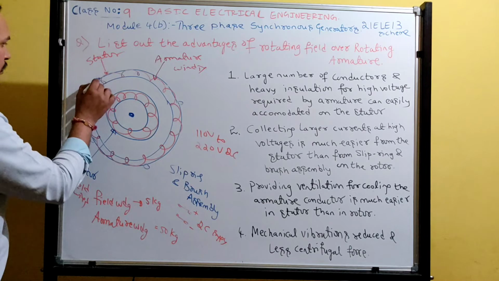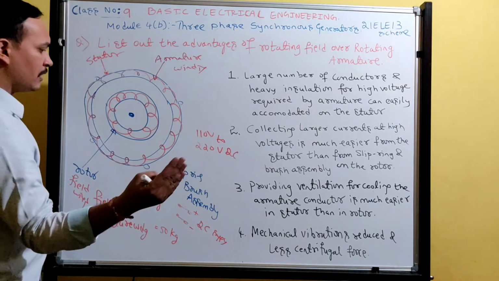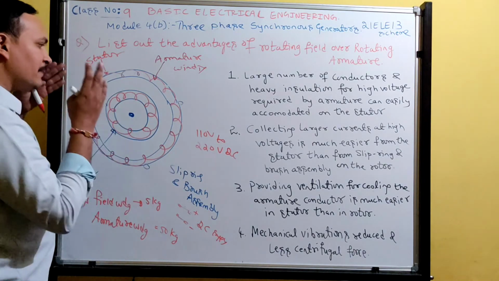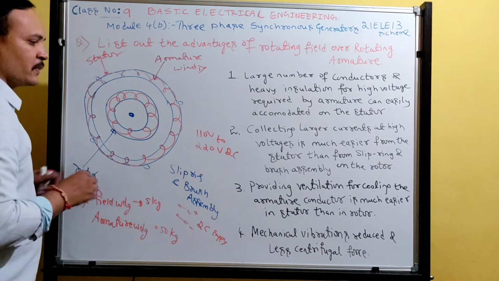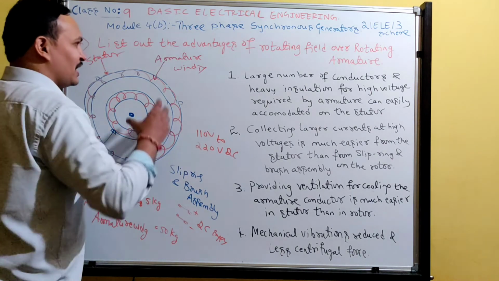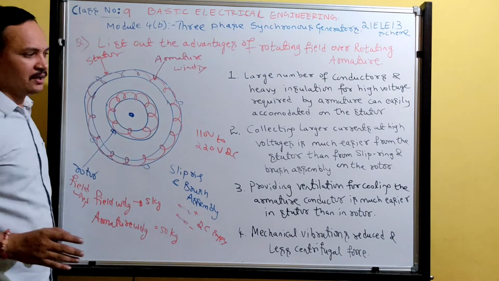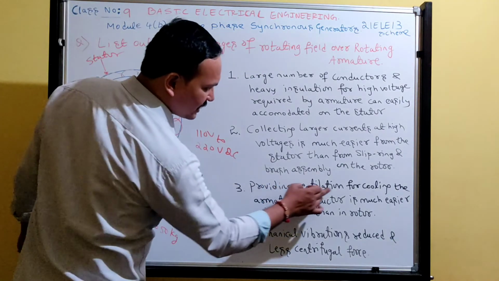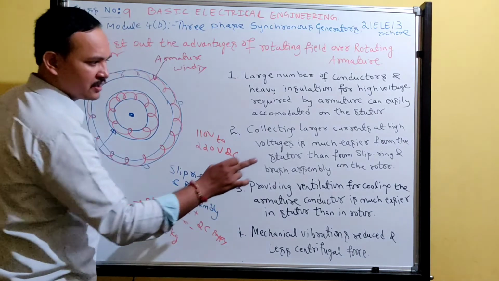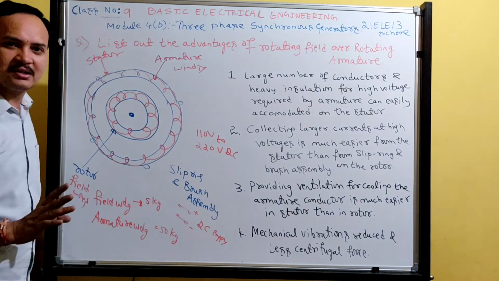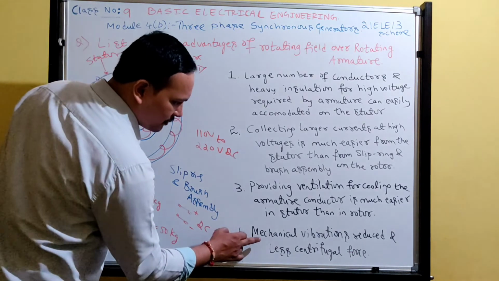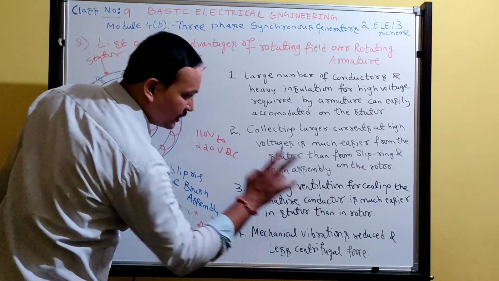Natural air will pass through those holes and keep the winding within the temperature limit. That is also possible if I rotate the field. Okay, got it? So providing ventilation for cooling the armature conductor is much easier in the stator than in the rotor. Got it? Fine.